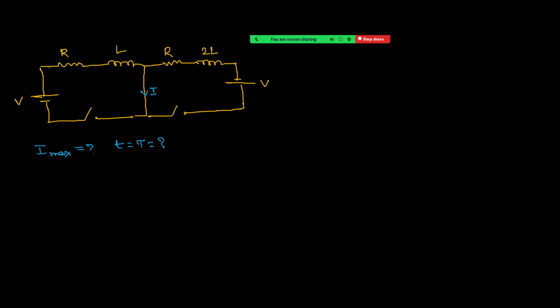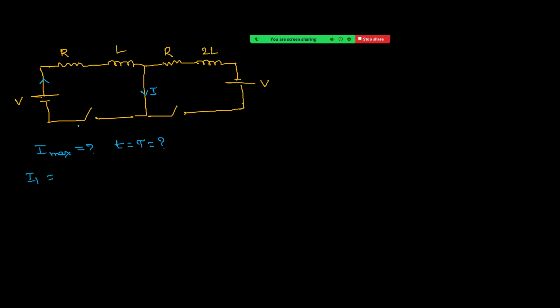This is what we have to calculate, right? Now see how we are starting this. If you focus only this loop, the left part, then see what will be the current. So I'm taking that as I1, and that current will be like this, clockwise.